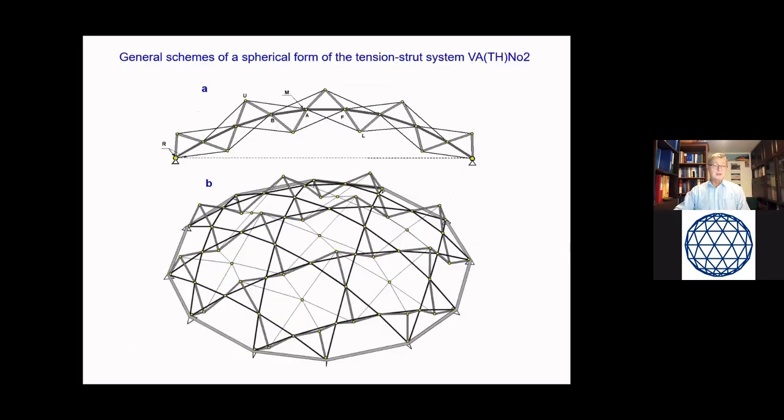In my opinion, the structure VATH number 2 has a great development potential because the suitable arrangement of, for instance, membrane sheets will give a very interesting architectonic form to the roof structure.